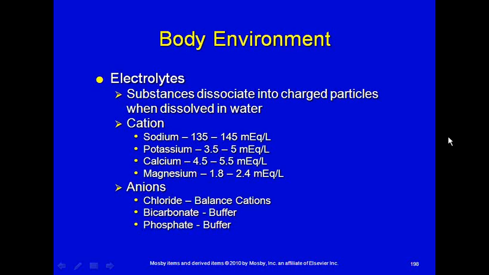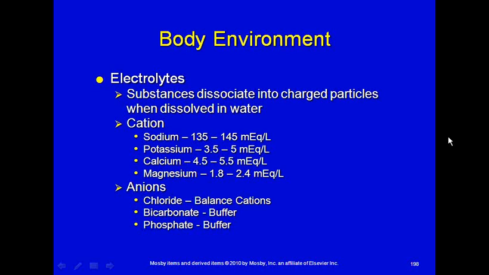The major positively charged electrolytes in your body are called cations, and they include sodium. The normal sodium level in the body is 135 to 145 milliequivalents per liter. When you have a sodium level less than 135, that's known as hyponatremia, because sodium is Na, and if you have a sodium level greater than 145, it's known as hypernatremia.